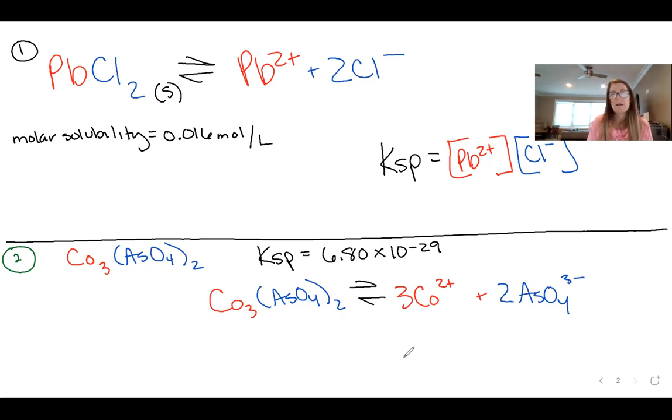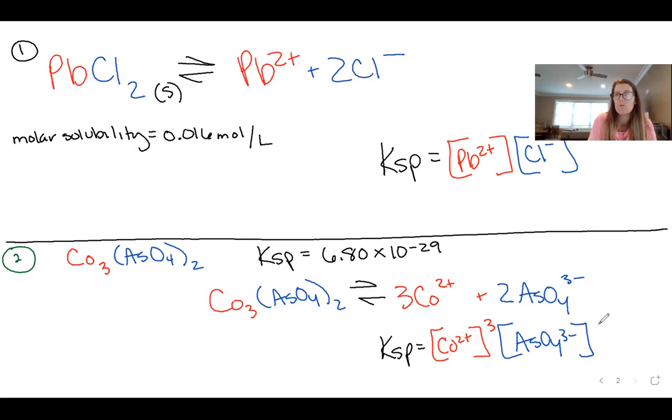So if I were to write my equilibrium expression for this reaction, then I would have KSP is equal to the concentration of my cobalt ions raised to the 3rd power times the concentration of this ion raised to its coefficient, which will be the 2nd.